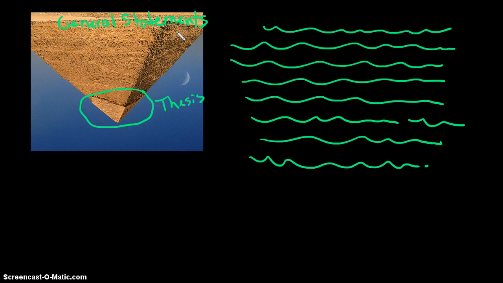And then after that, you're going to start moving into what they call your introductory remarks. And then that's going to lead into your thesis. So looking here in your paper, this sort of lines up. These are your general statements. These are going to be any introductory remarks that you need to make. And then your thesis statement is generally going to occur at the end.